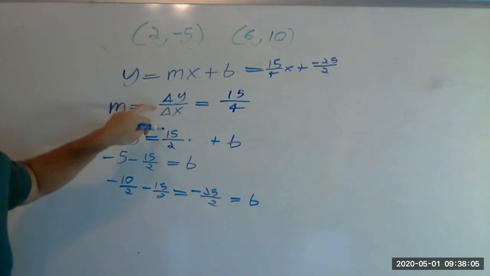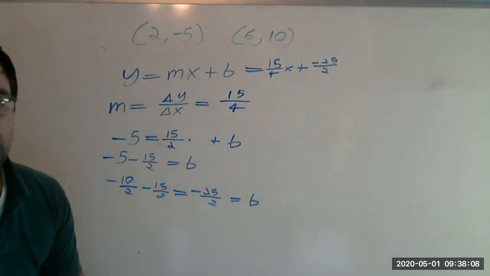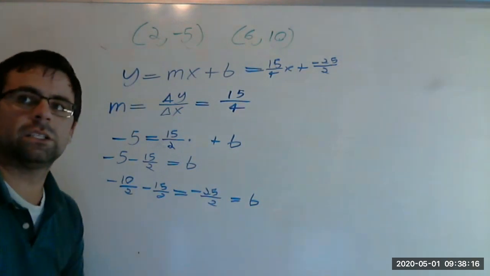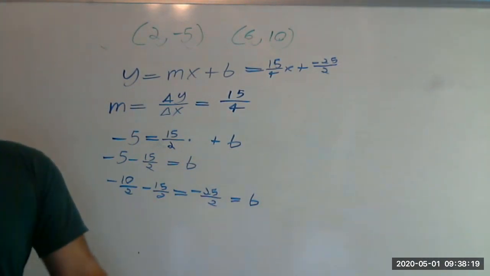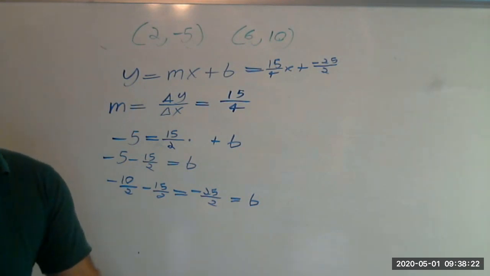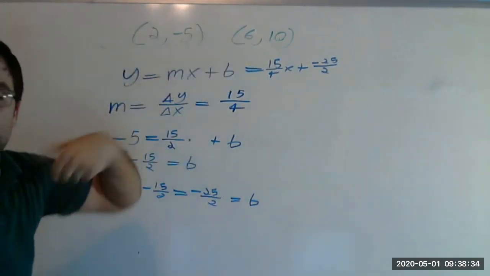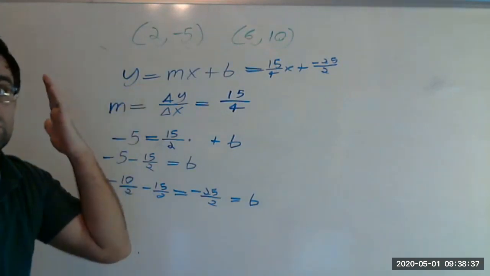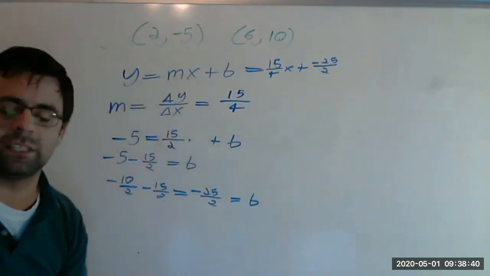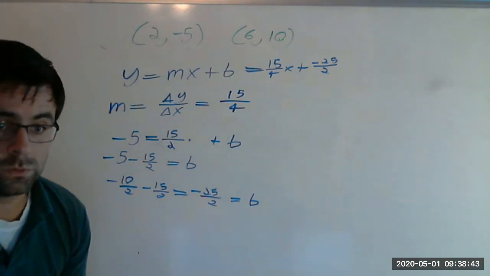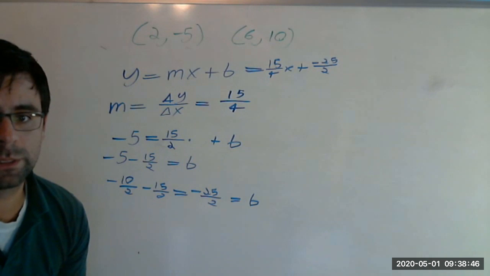It's the change in y divided by the change in x. And then for the last part, all you do is plug that back into the original relationship, because the original relationship is based on the idea that all of the points on the line, which includes these two, you should be able to plug them in, and they should make sense in that equation. So you can use them to help you solve that equation.